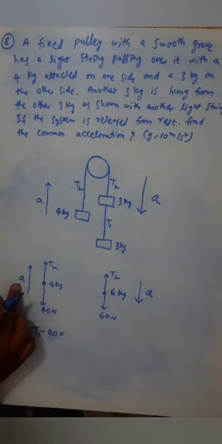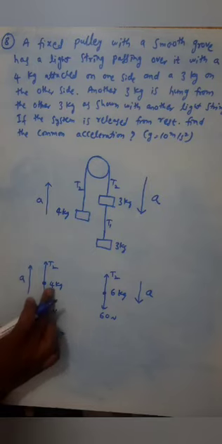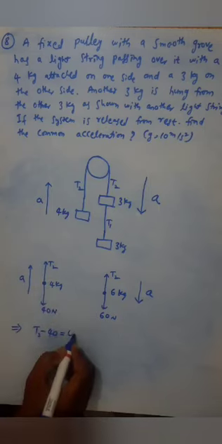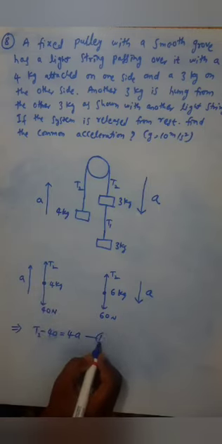According to Newton's second law, F is equal to ma. Here the mass is 4 kg, so it is 4a. Let us call this equation 1.